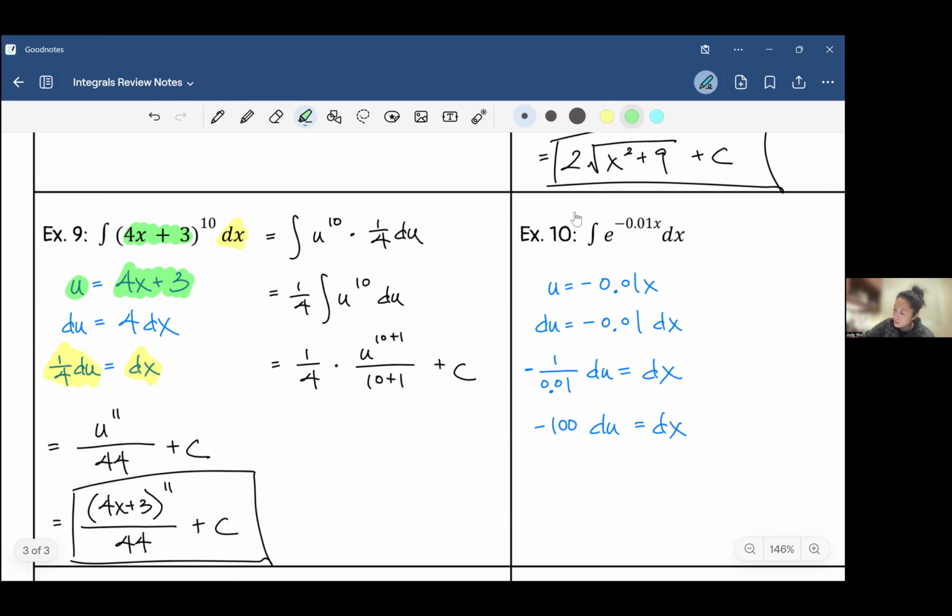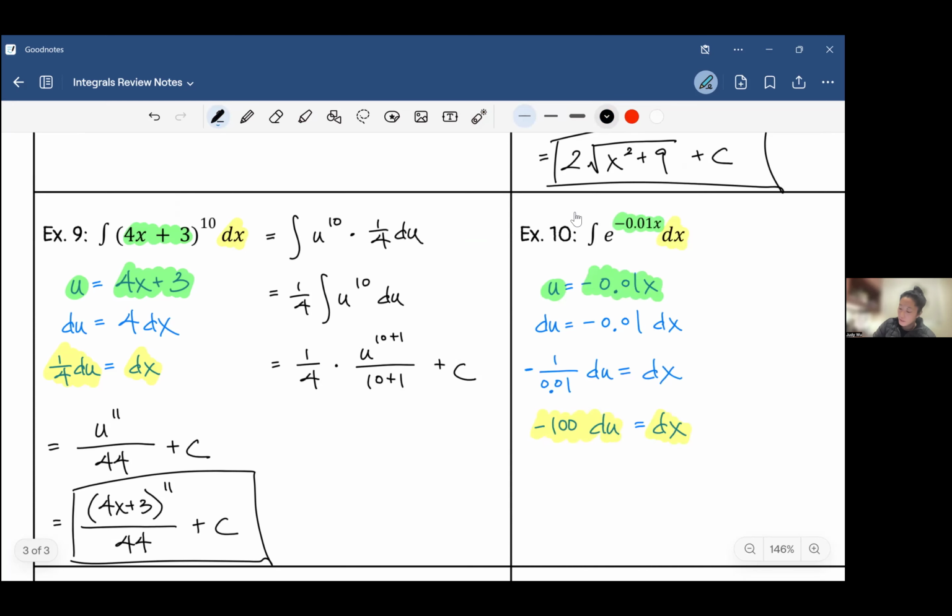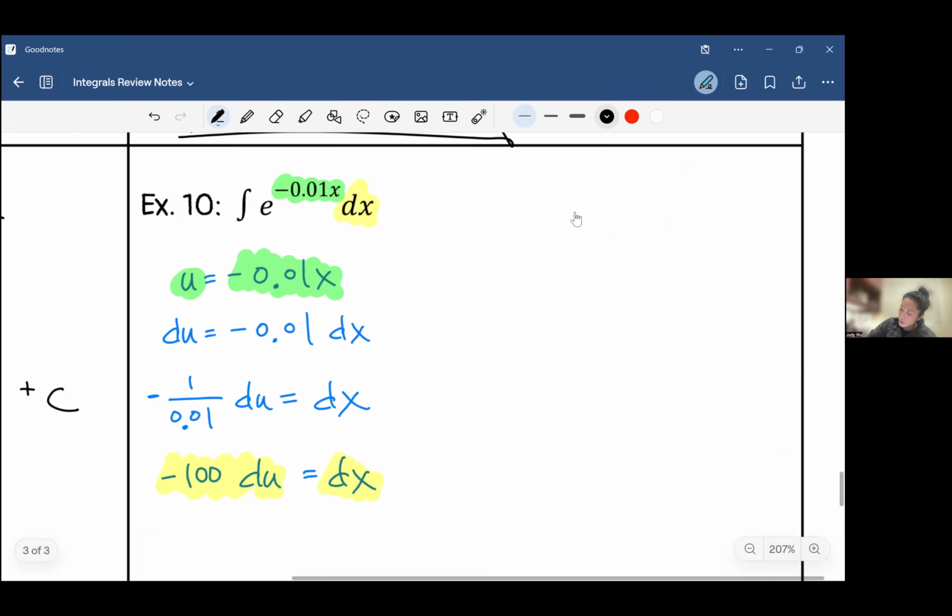And all that means is that everywhere we see a dx in the problem, we can replace it with negative 100 du. And everywhere we see negative 0.01x, we can replace that with u. Okay, so let's make those substitutions.